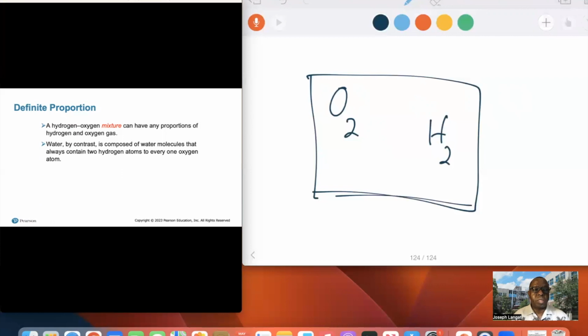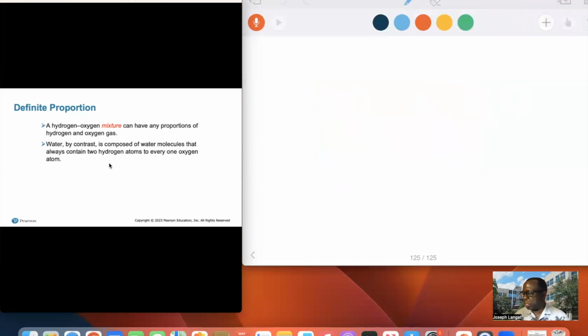By contrast, a water molecule is composed of one oxygen and two hydrogens. What that means is just interpreting the chemical formula for H2O. And it could be in liquid form. This is just illustrating that the definite proportion is well defined.